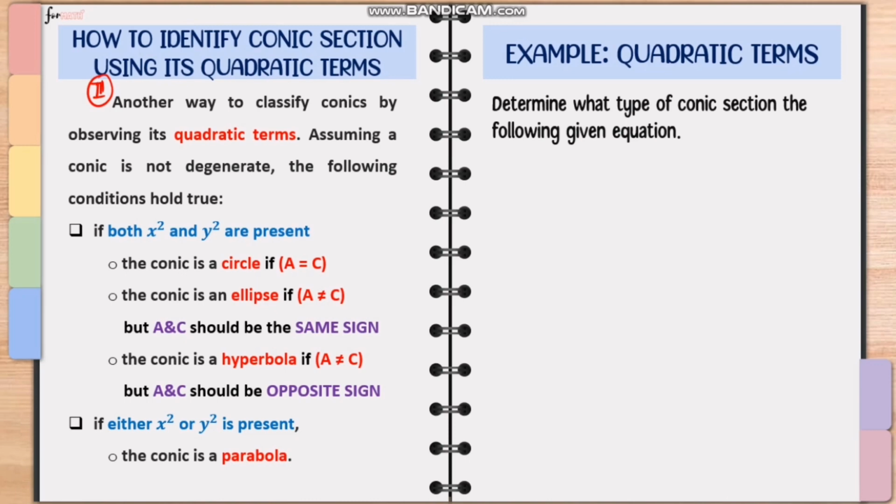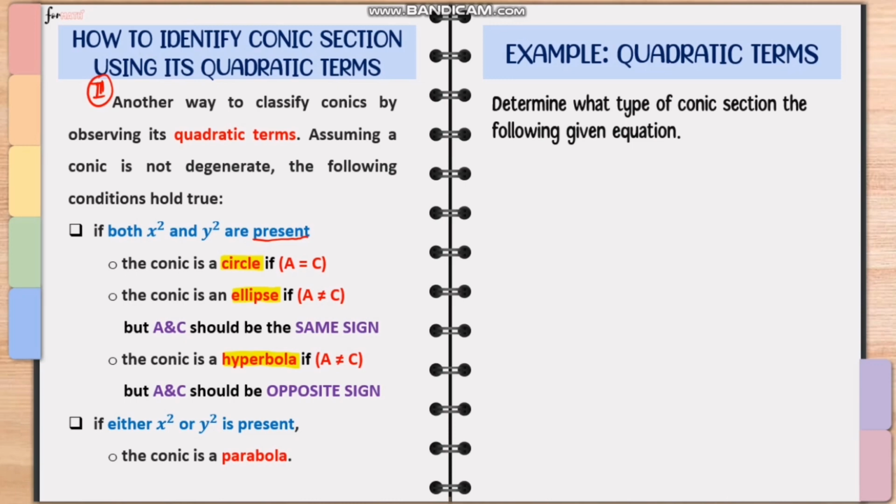Okay, number 1, if both x squared and y squared are present, kung yung dalawang quadratic term daw natin both present, so may tatlo kang option. Pwedeng ellipse, circle, and hyperbola. Okay? So, masasabi natin na yan ay circle kapag ang value ng A and C natin is equal. Ellipse naman kapag hindi equal yung A and C.